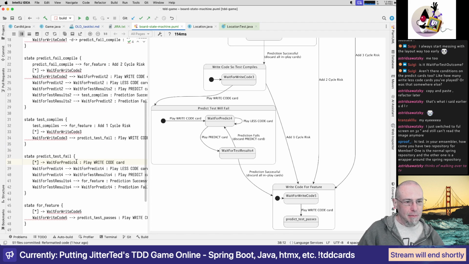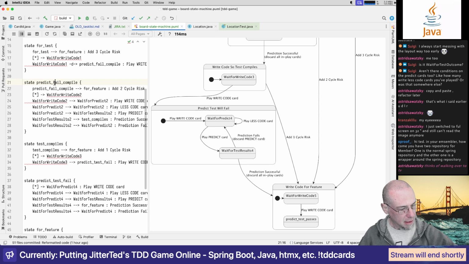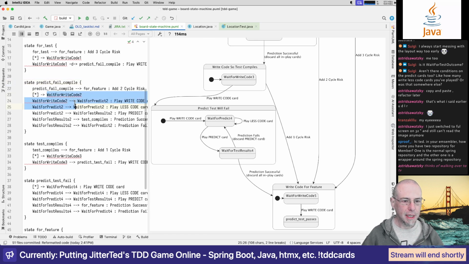So I think I made the same mistake here. So predict fails to compile. You had already played the right code. Yeah, okay. So that's this. Actually, that's this.